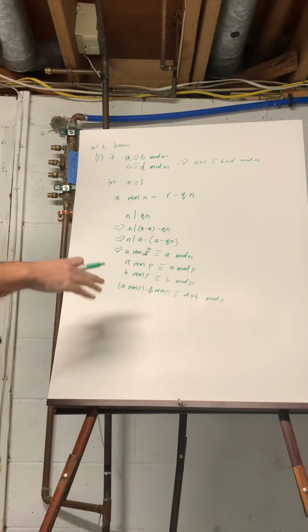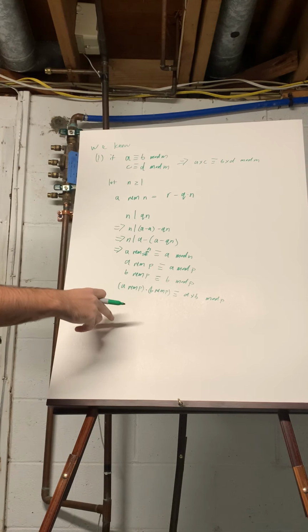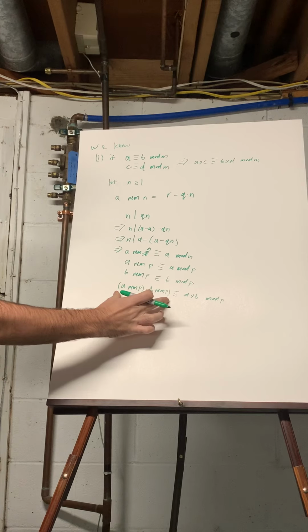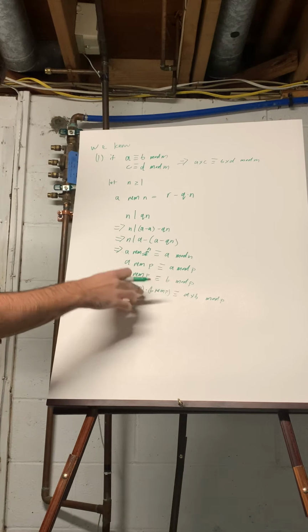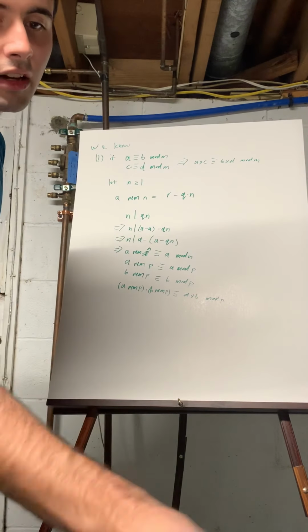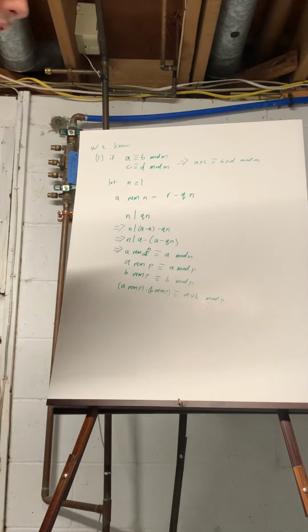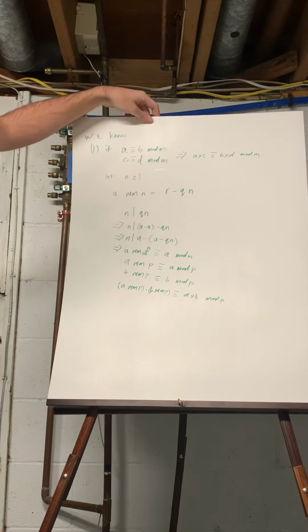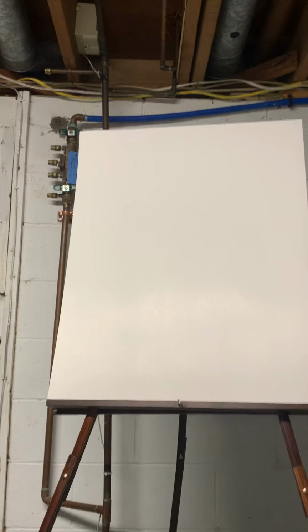And this will work regardless of how many factors we have, because we can just call this a times b term our a, and then if we have a c, we'll just call that our b, and it works for any number of factors.